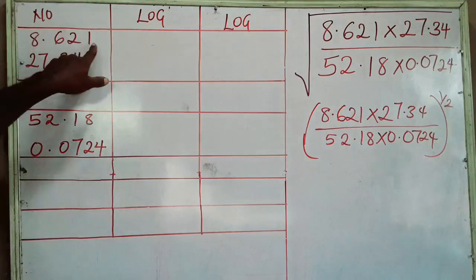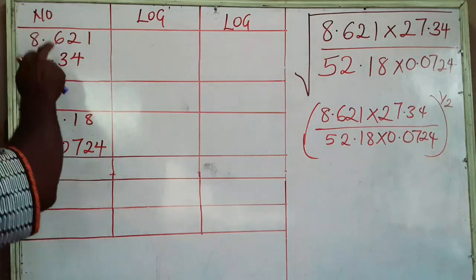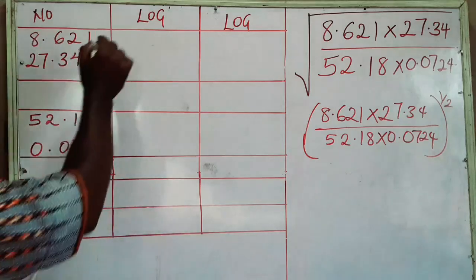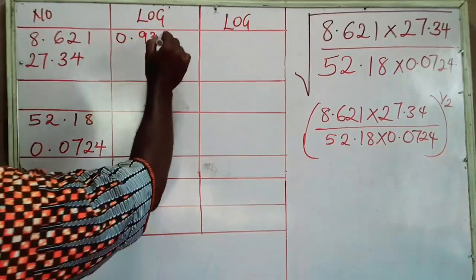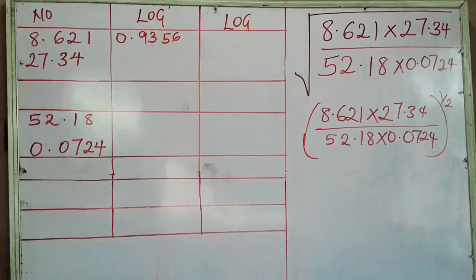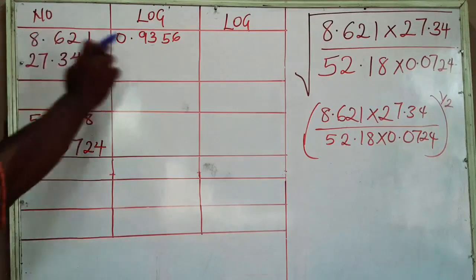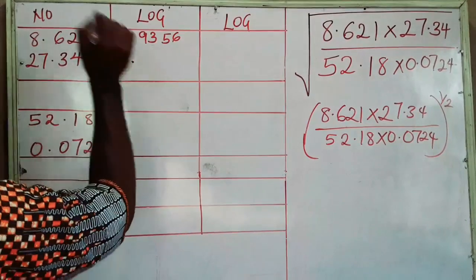The value you get under 1, you add it to the logarithm you get from 86 under 2. So when you find it, we have the value of 0.9356. The same thing is applicable to the next number. Before you find the logarithm, this one is 1 point, because it has one figure before the decimal place.